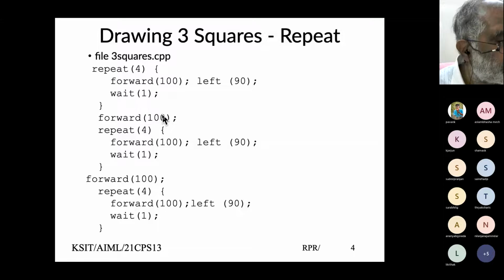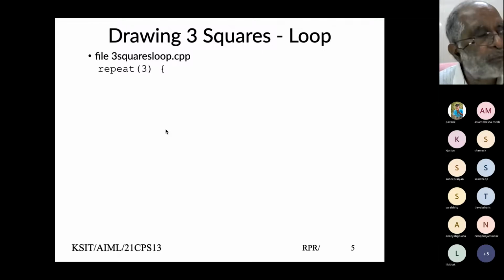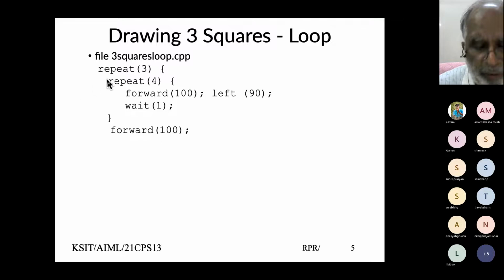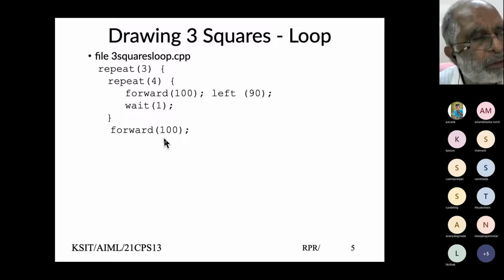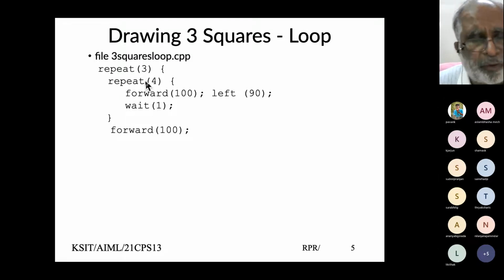One is I can write a repeat loop around the 3 squares. This block draws one square, and then it moves 100 pixels forward, and I can repeat the whole thing 3 times. This will give me 3 squares.